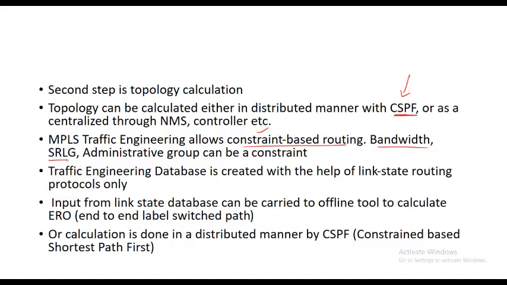Now, I told you RSVP copies the database, but how it moves, it is going to use that same link state routing protocol header, LSA type 9. That will be used to carry the information for traffic engineering.